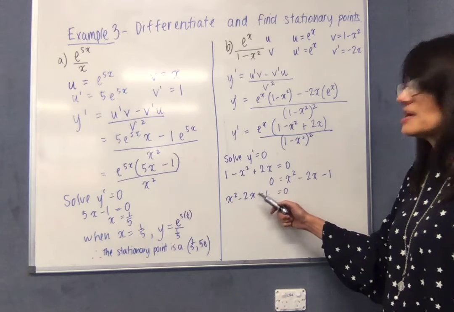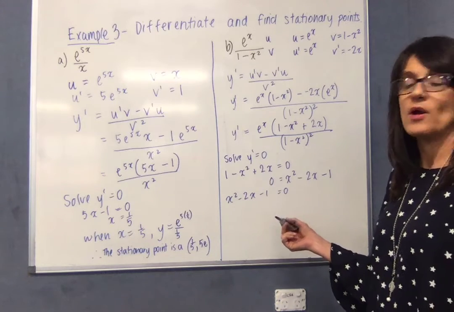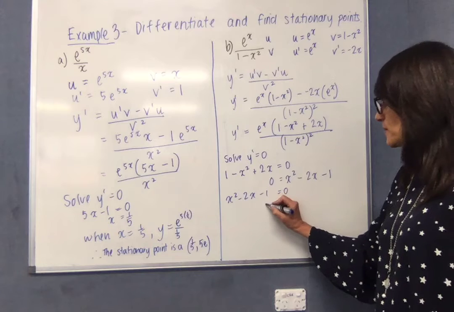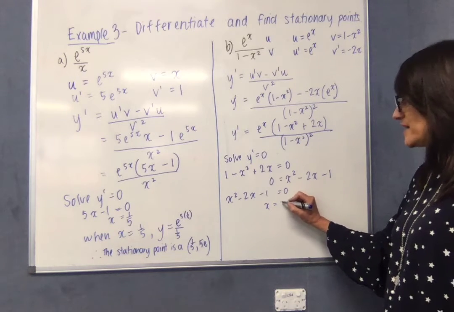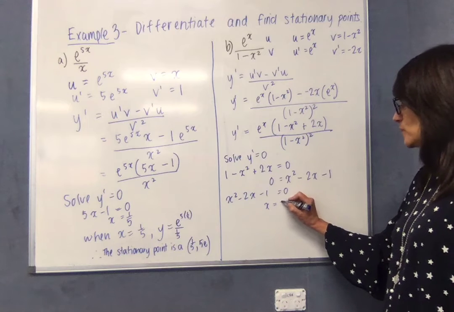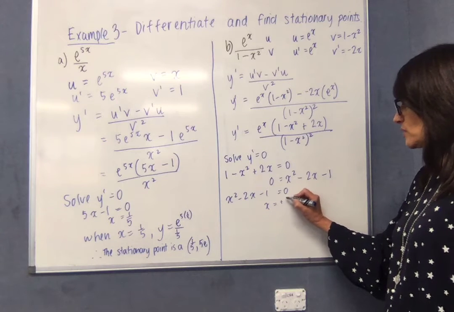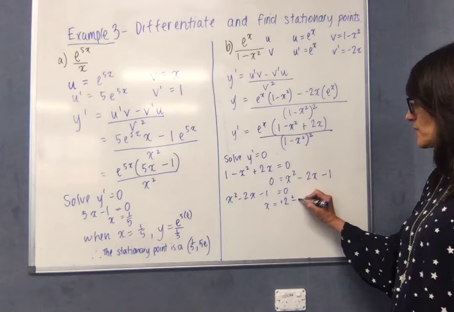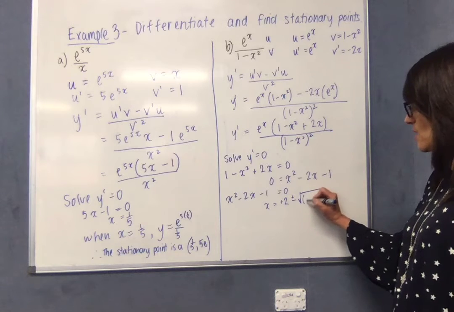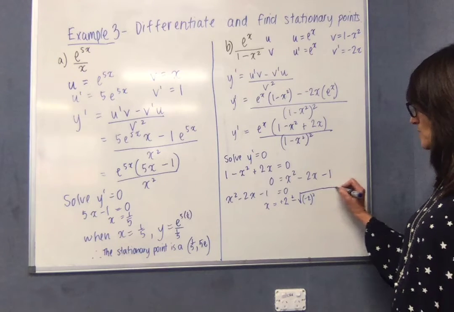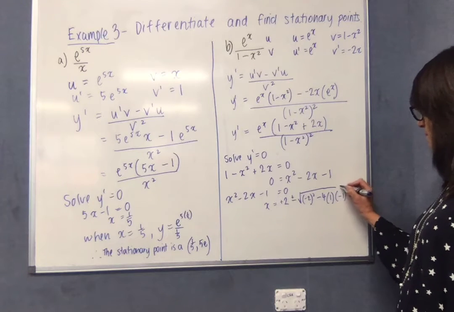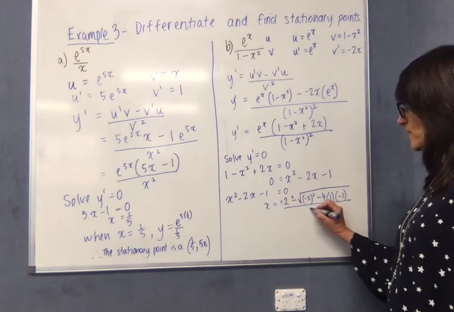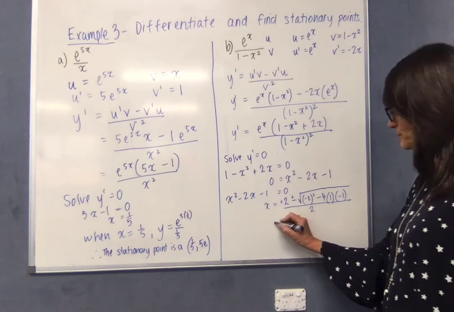And if not, then we need to go to our quadratic formula, which is x equals minus b, which in this case, negative b is 2, so that's going to give us positive 2, plus or minus the square root of b squared, negative 2 squared, minus 4 times a times c, all over 2.